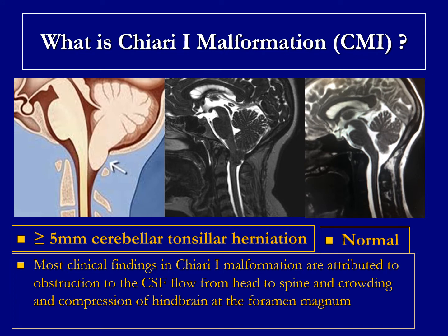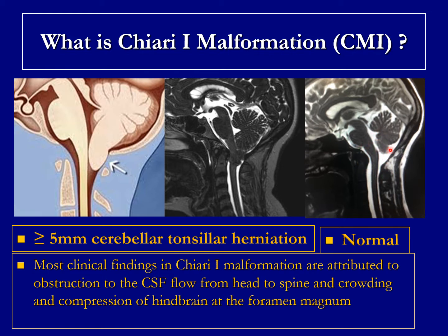One would like to review first what a Chiari malformation is. As you can see here on this slide, on the left side, this is the skull base, and if you draw a line between this and this point, this is called the foramen magnum. Now, normally, as you can see particularly on the right side, this is a normal patient.